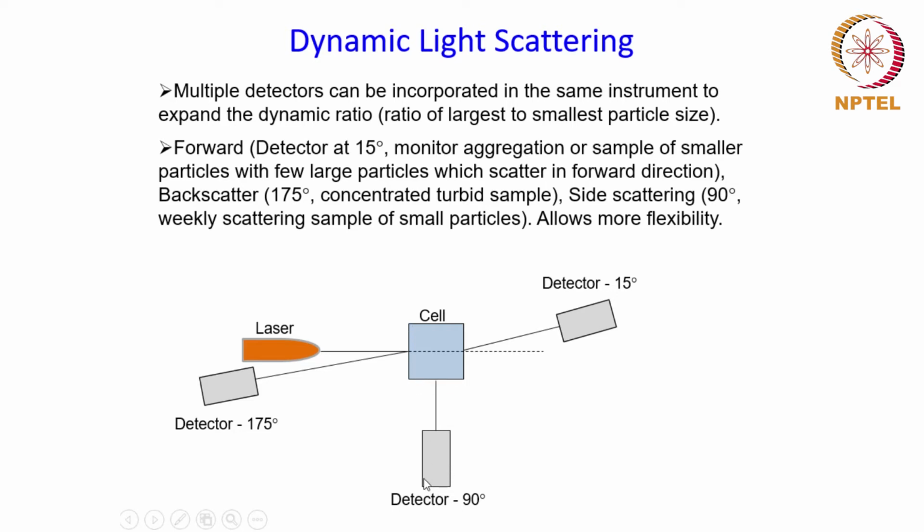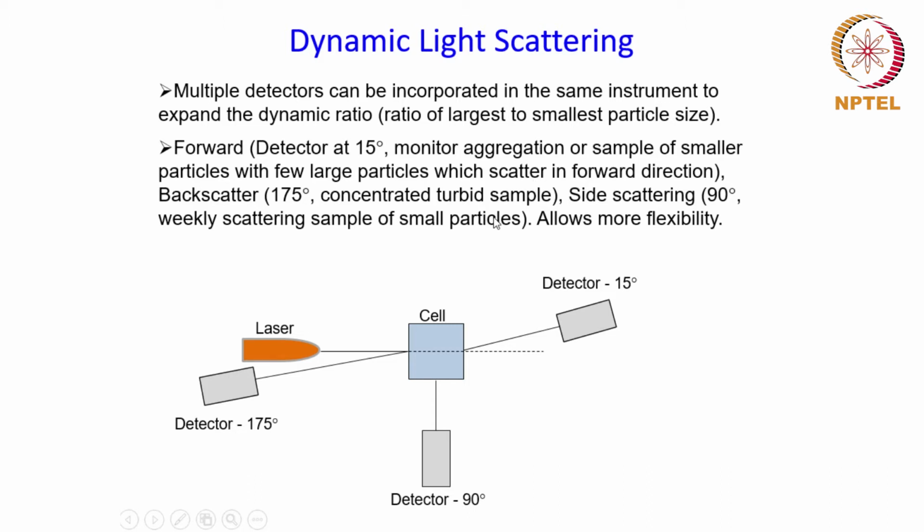And there is one more at 90-degree angle, which is to capture the scattered signals from the side walls. Okay. And now which detector to be used and how the signal will be captured, that will depend on what kind of sample you have.